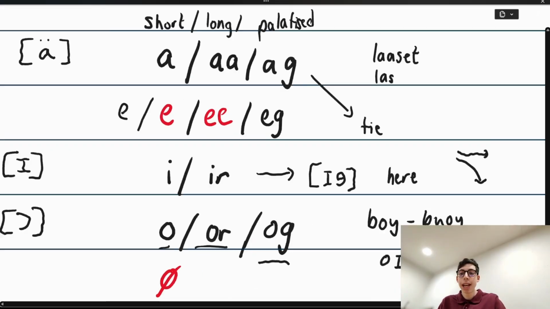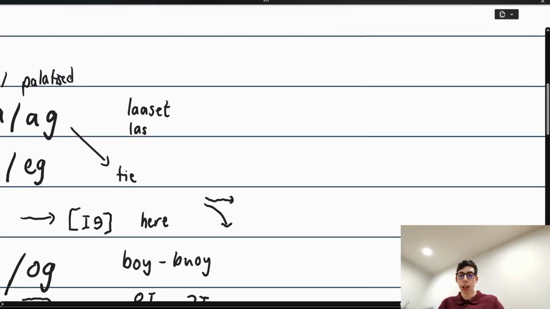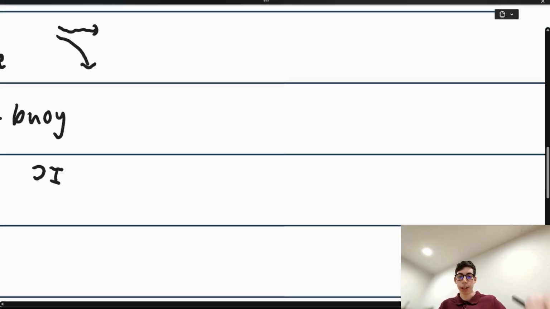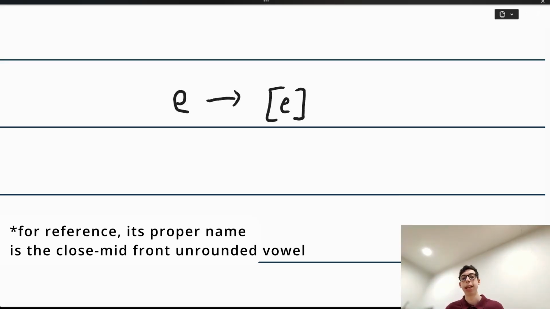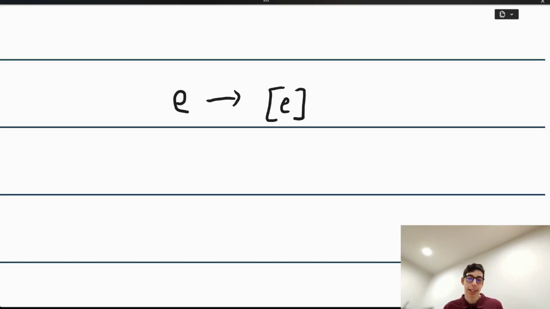So the main pronunciation of E, our primary pronunciation of E, I need to scroll down, don't I, is the IPA that is the letter E. And I'm going to start this by saying this is not air. This is not the air in bed. It's not that sound. For those who've learnt German, which I'm aware isn't everyone, but I'm just going to start with that because it's easy.